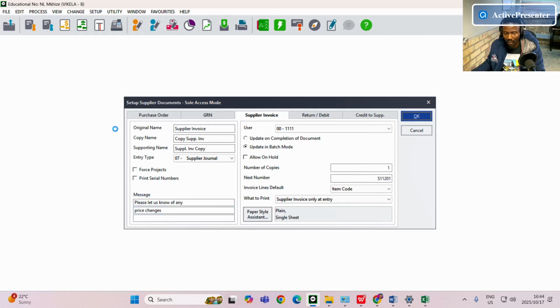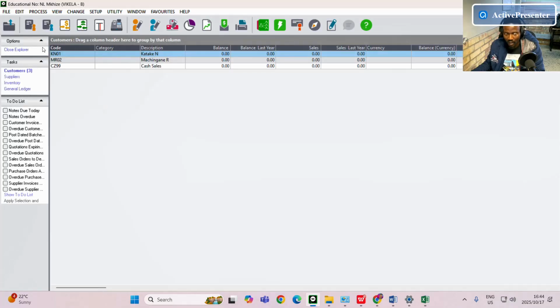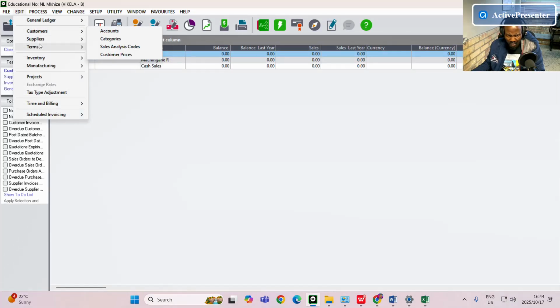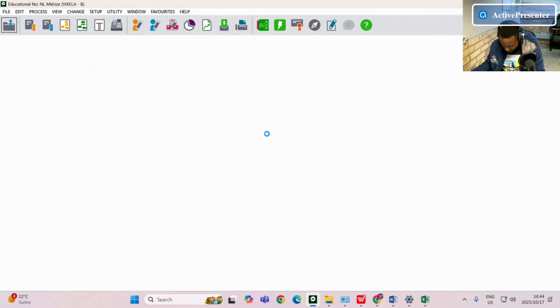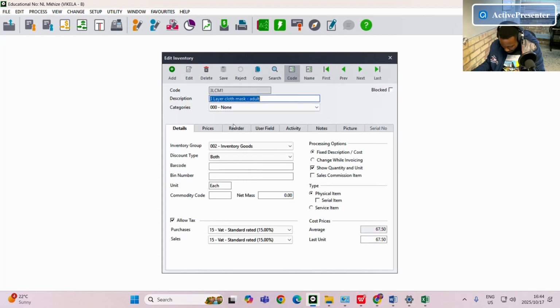Then it says create the inventory for, okay, I think one is for customers. Let me just create it while I'm here because I think I'll need it when I'm doing customer invoices. So it's inventory item file. Okay, add. The code is del02.